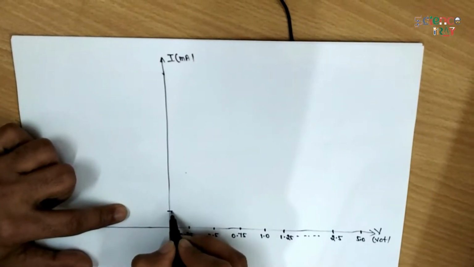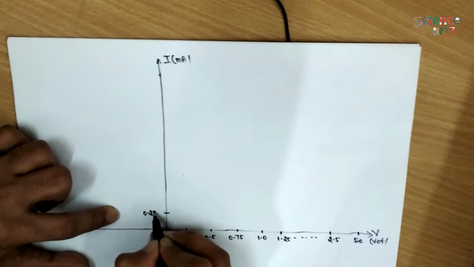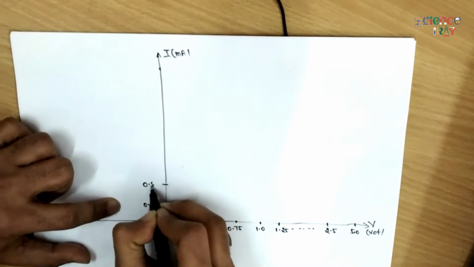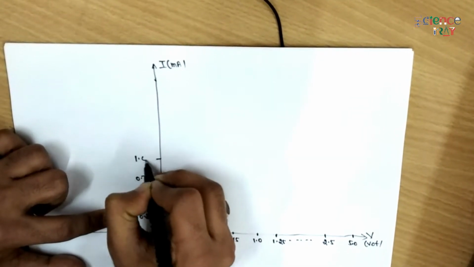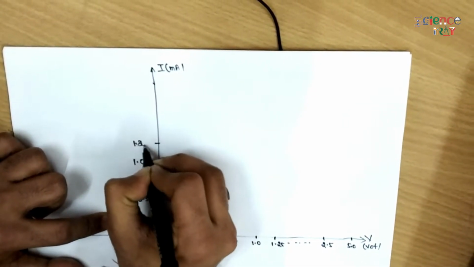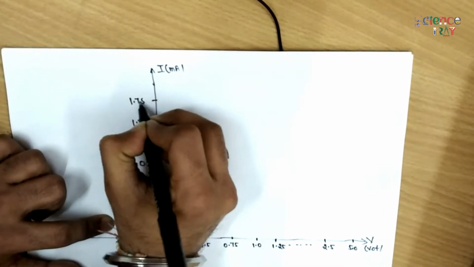Now the current will be 0.25 milliampere, 0.50 milliampere, 0.75 milliampere, 1.0 milliampere, 1.25 milliampere, 1.5 milliampere, 1.75 milliampere.